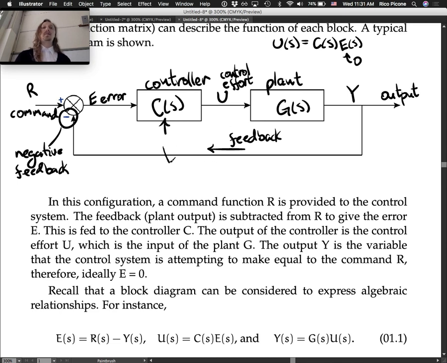So if we had a block here in line, this would still be Y, but then this would be, say, Y2. So this would be some transfer function, say H, and then Y2 would be equal to HY, because you'd be going into H with Y, and Y2 would be coming out.